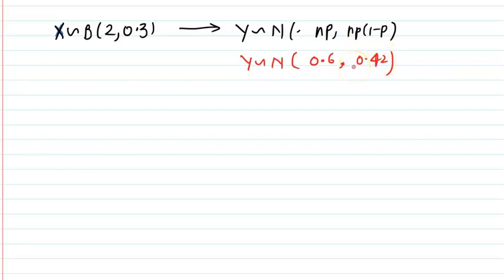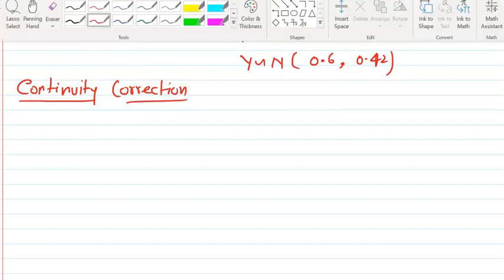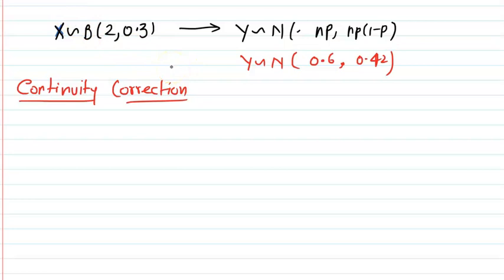Now, next one is continuity correction. I'm going to explain what it means. See, there is one problem here. The outcome of a binomial distribution is discrete, whereas the outcome of a normal distribution is continuous, right? Whenever we solve a binomial distribution question, we know the outcome is discrete.